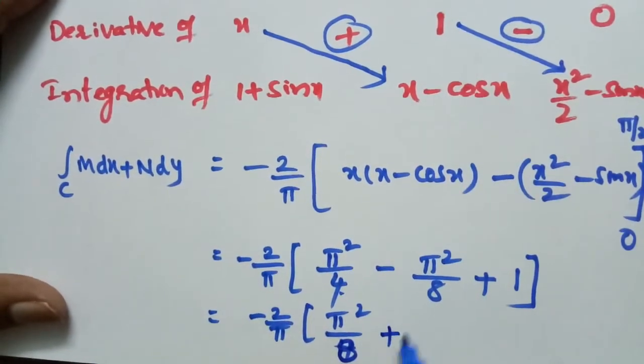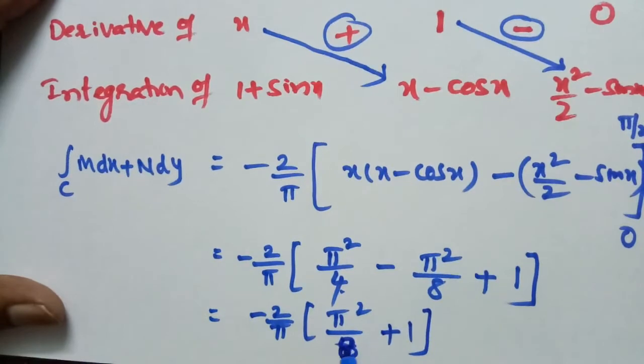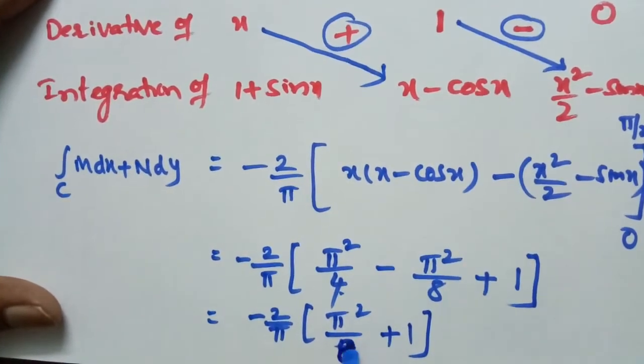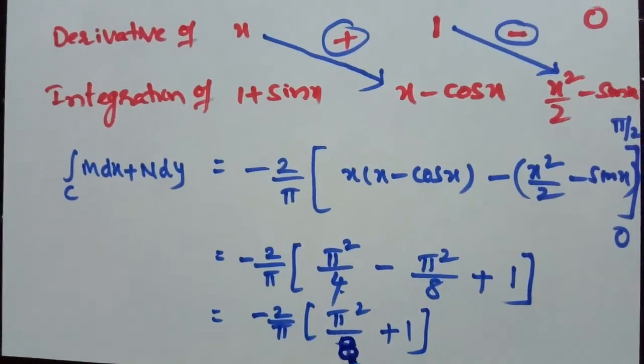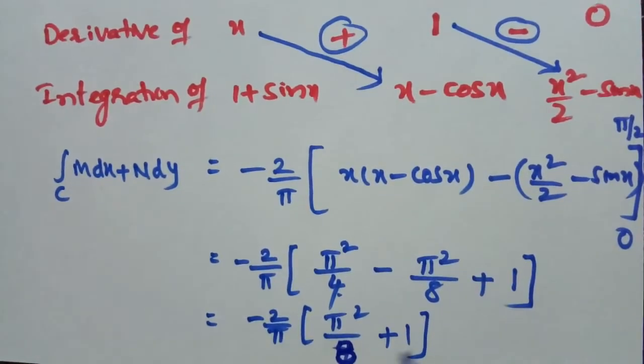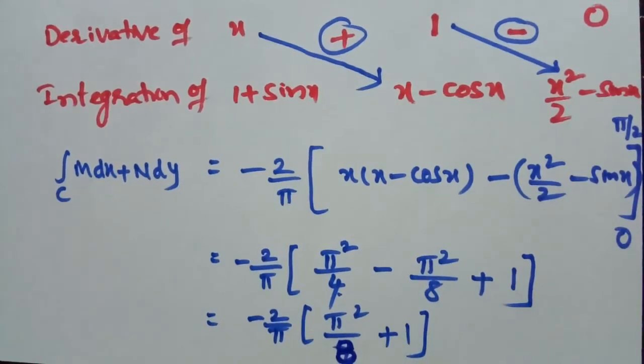Plus 1. Therefore, minus 2 by pi into pi square by 8. Pi gets cancelled. 2 ones, 2 4s. Therefore, that is equal to minus 2 by pi into 1 is minus 2 by pi.